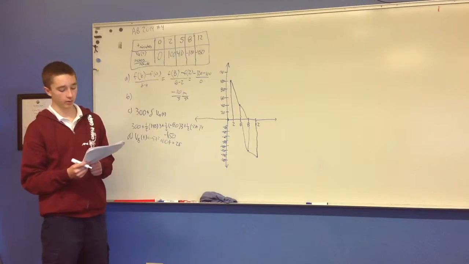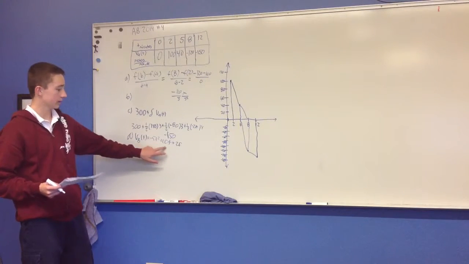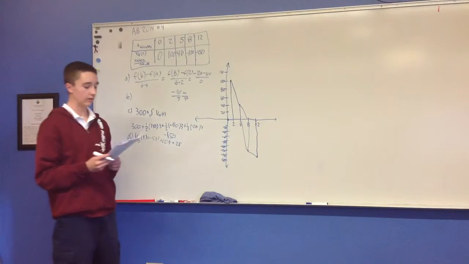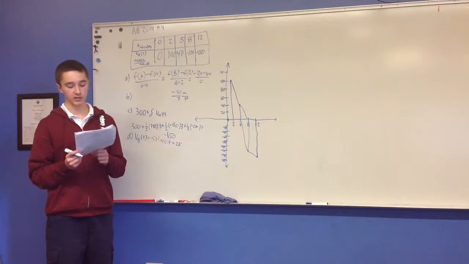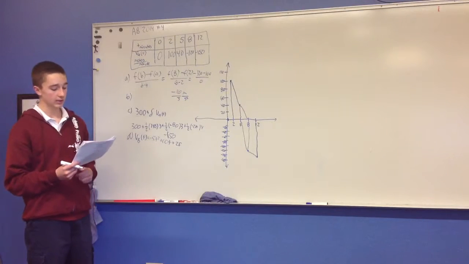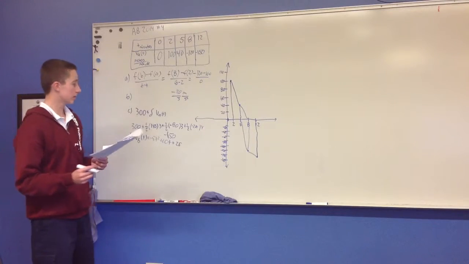Train B travels north from the origin station, and the velocity of train B is given by this equation which they give to you. At t equals 2, train B is 400 meters north of the station, and we're asked to find the rate in meters per minute at which the distance between train A and train B is changing at time t equals 2.